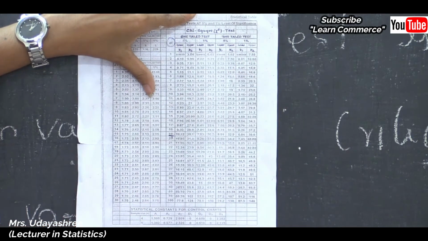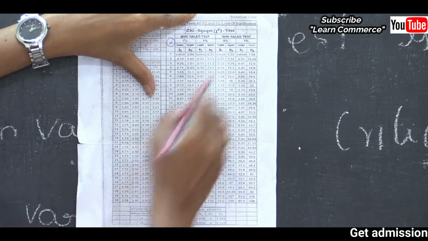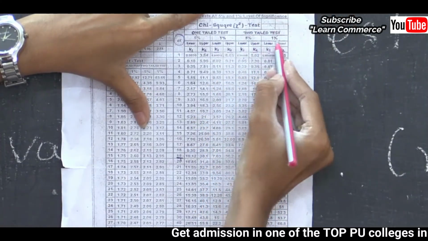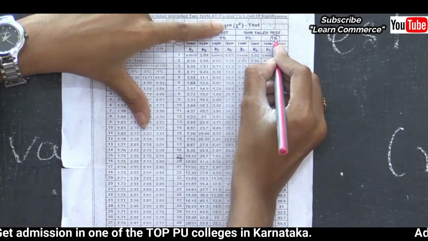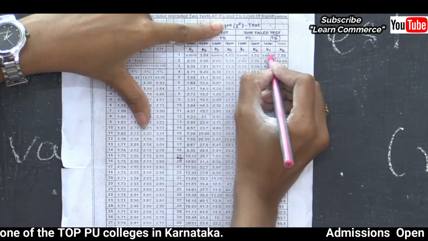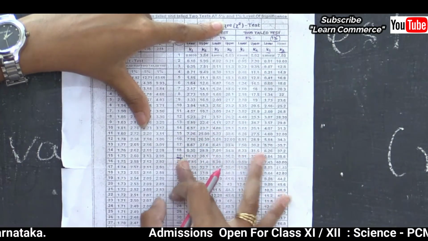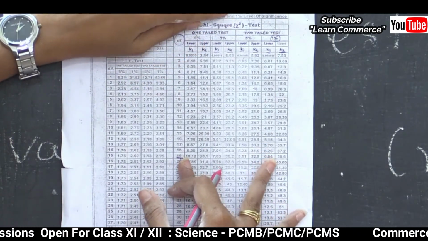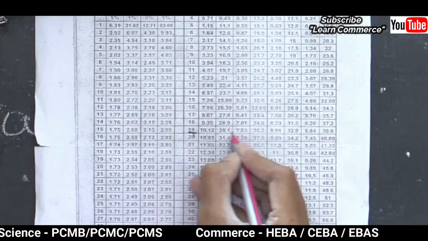In this problem it is the not equal to type, so we can say it is a two-tail test, and the level of significance is 1%. So here we need to find the K1 value and K2 value. Degrees of freedom is 19, two-tail test, and 1% level of significance. Therefore, see the corresponding value here.